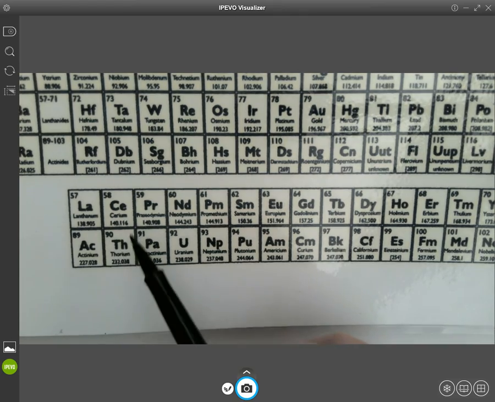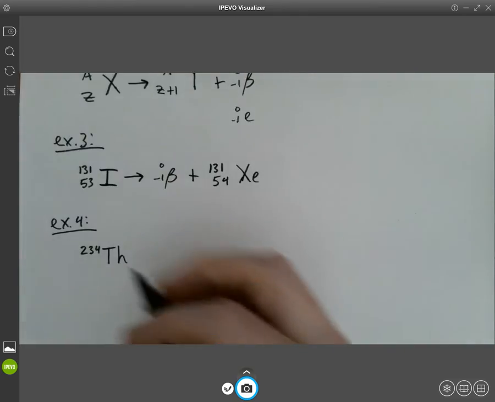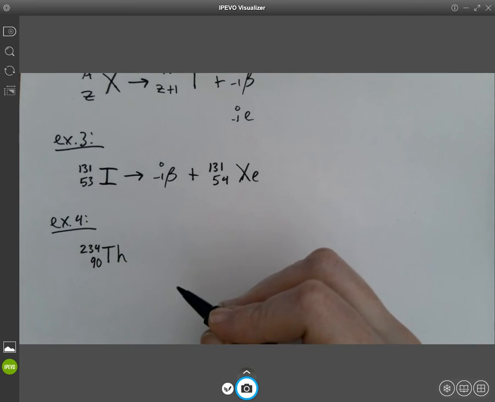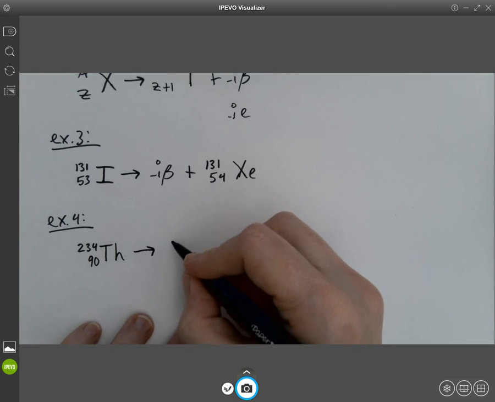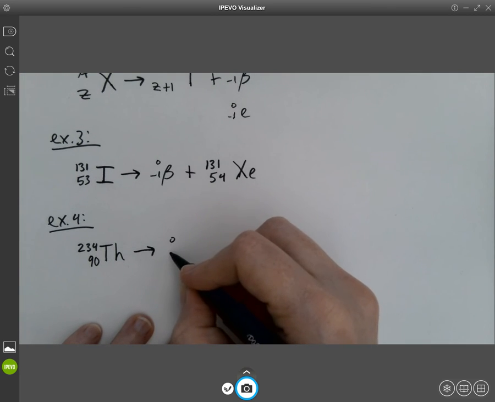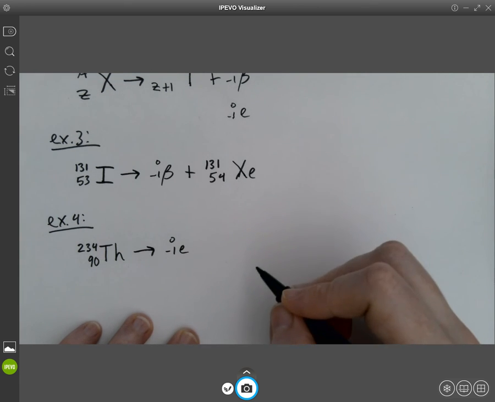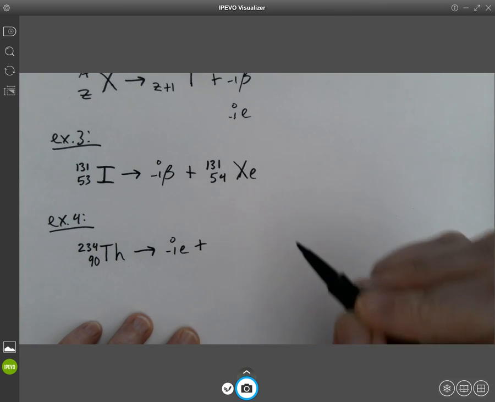So we have atomic number 90. I'm going to write 90 right here. That's going to represent Z. Now, once again, I'm just going to write my beta particle. I'll write it like this time around because I'm worried I might forget it later. So I don't want to take any chances.